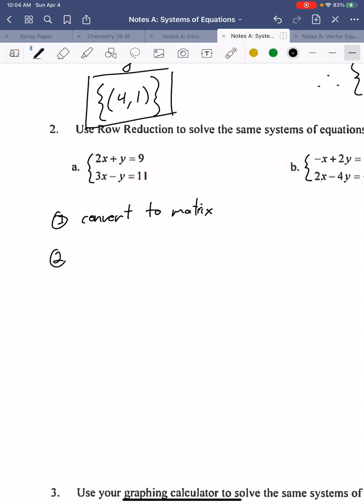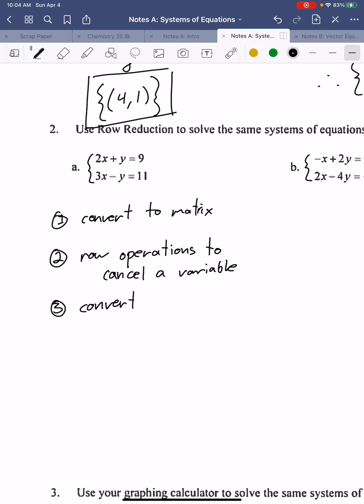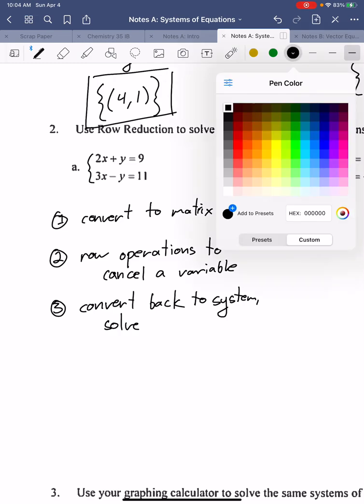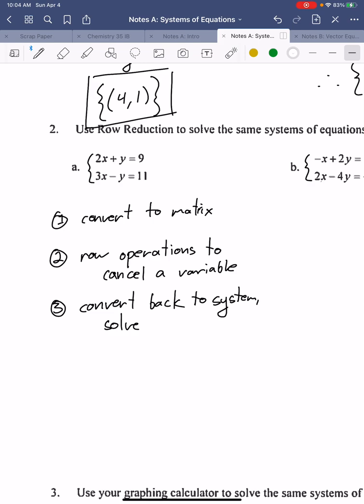Step 2, do row operations to cancel a variable. Then 3, convert back to a system. Solve, easy peasy. Those are our steps to row reduction, and we're going to try this out.